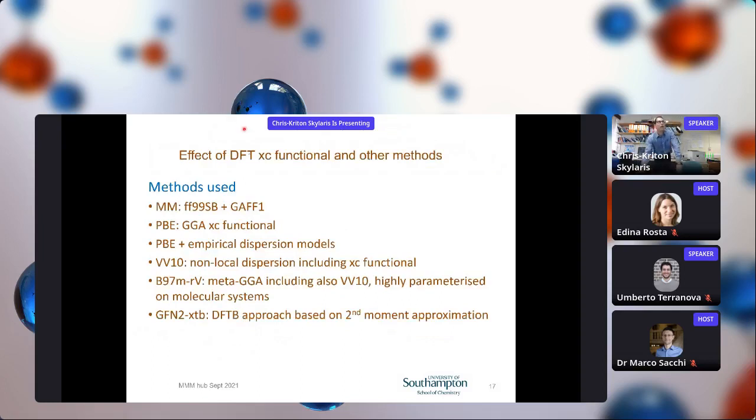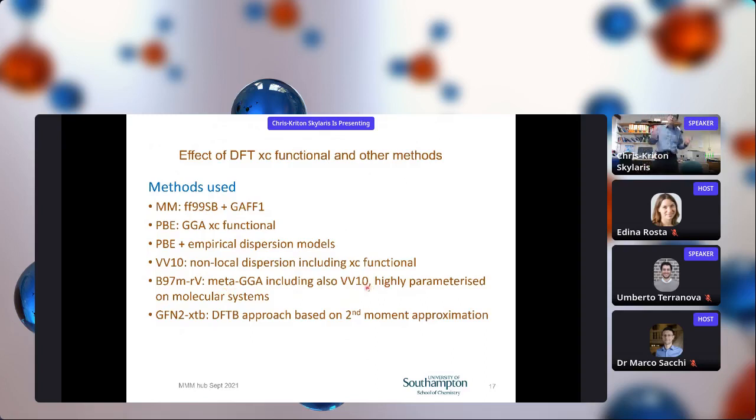So these are the methods that we tried in this study. We have a classical force field, PBE, which is a GGA exchange correlation functional, PBE augmented with a few of the empirical dispersion models, and VV10, which is a more advanced functional, a fully non-local functional, which includes dispersion directly in the functional rather than empirically. And this one here, B97M-rV, is a meta-GGA which also includes the non-local VV10 inside it.